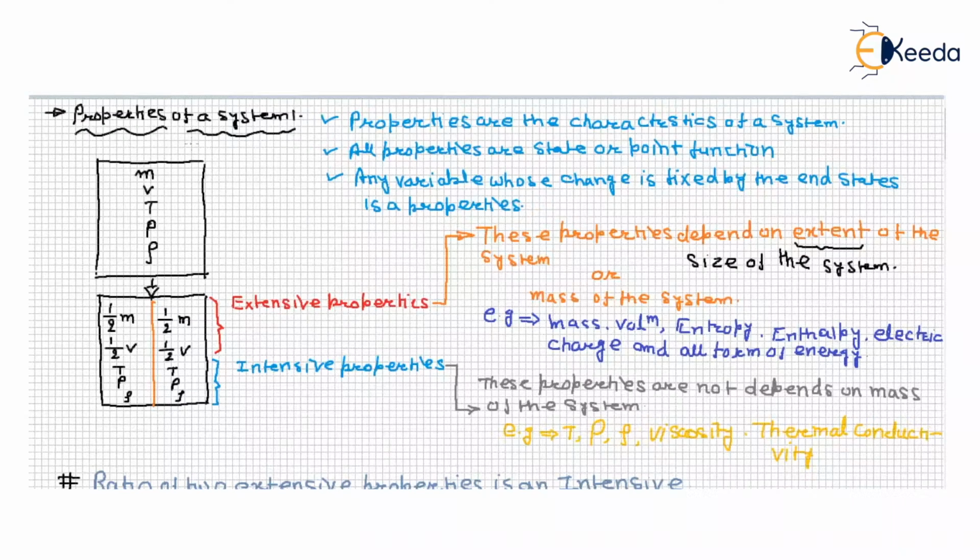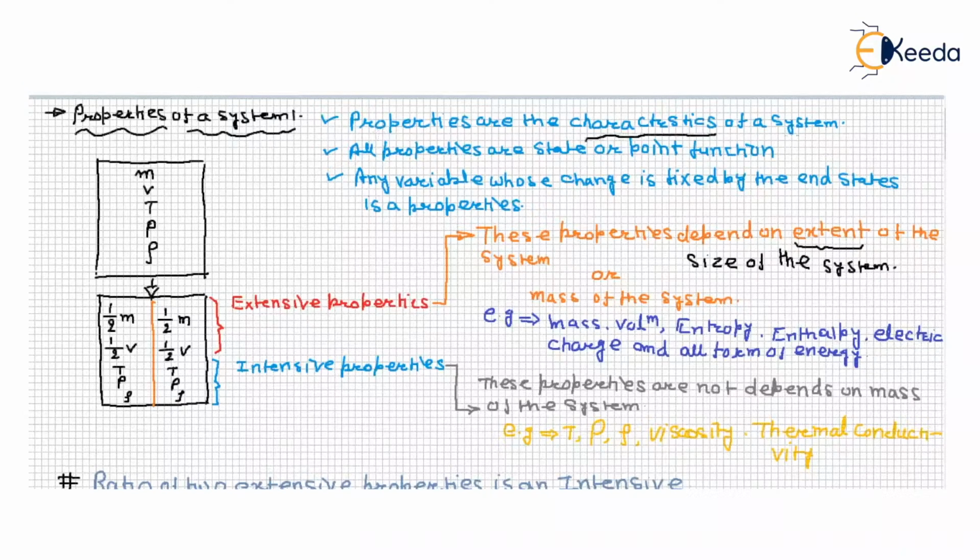Before that, you must know some facts about the properties of a system. See, first is that properties are the characteristic of the system.